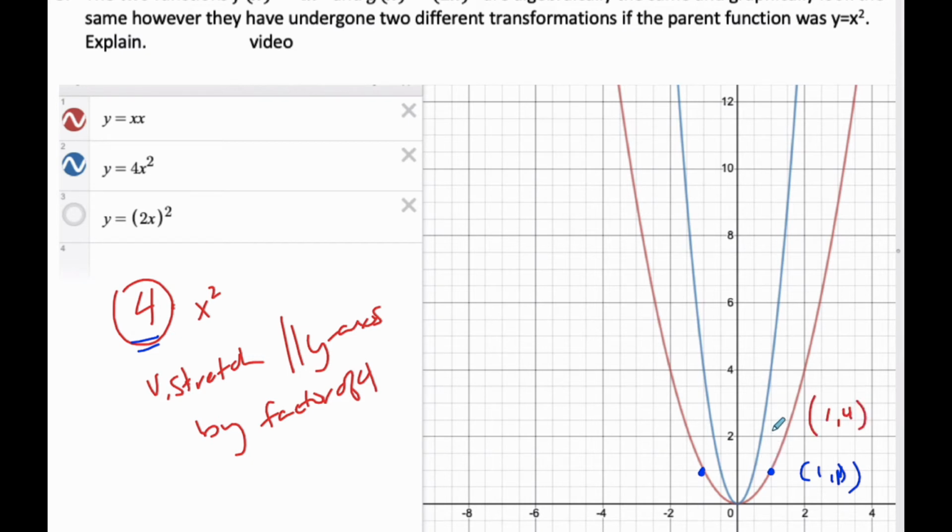And so if you look at this, it was moved into here, 1, 4. Every point is moved up, or multiplied by a factor of 4. So similarly, if I look at 2, 4, it will end up being at 2, 4 times 4, which is up at 16.